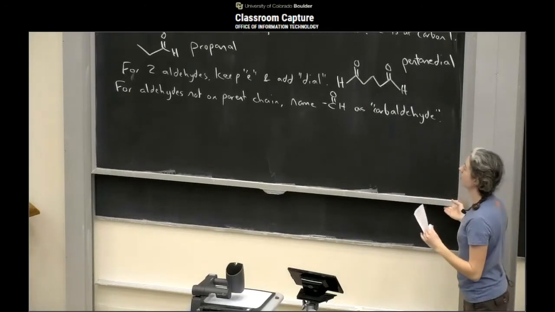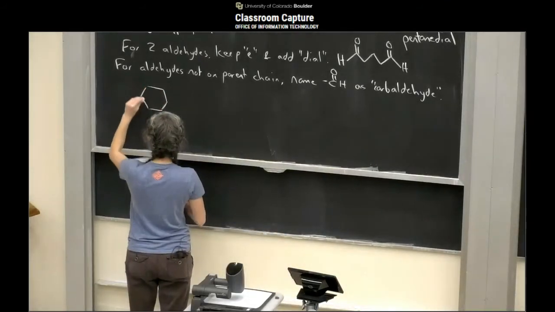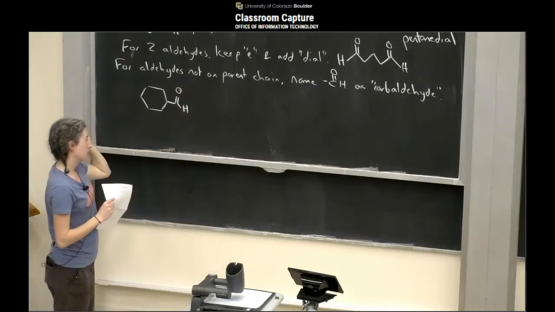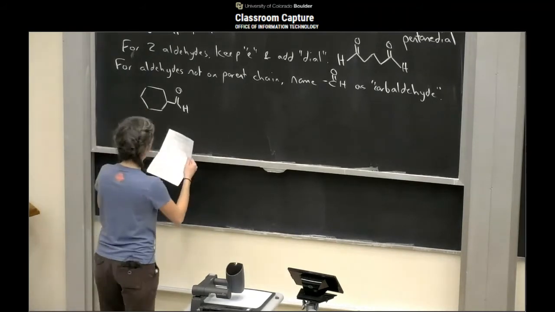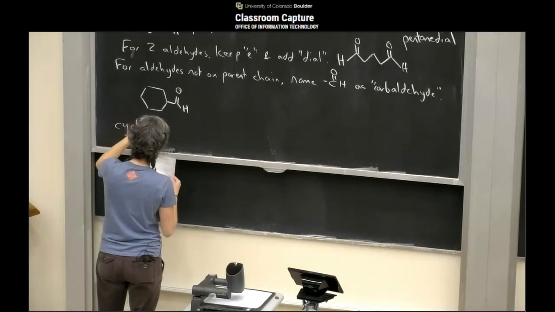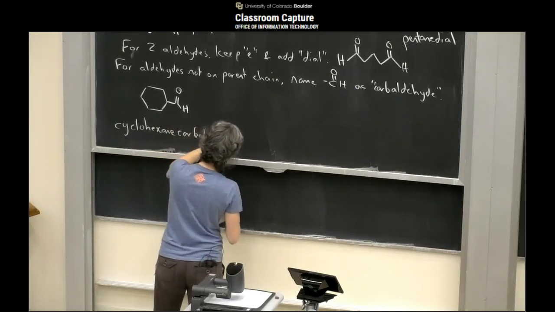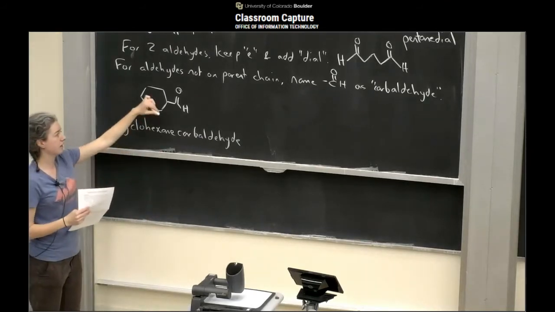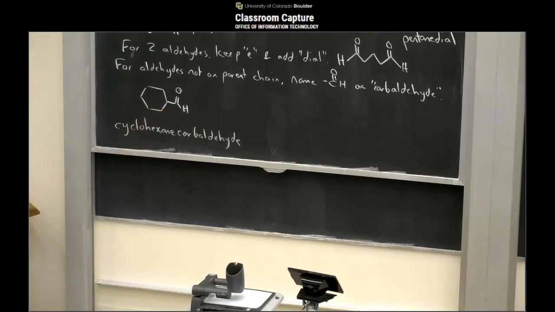So you actually put this at the end of the name after the parent chain. For example, this one, we're going to name as a cyclohexane, but we're still changing the end of the name to be an aldehyde. So cyclohexanecarbaldehyde. So it's basically saying cyclohexane is the parent, but we have the principal functional group and a carbon one off the parent chain, or parent ring. Are those 2 words or 1 word? One word, actually, yep. Okay.